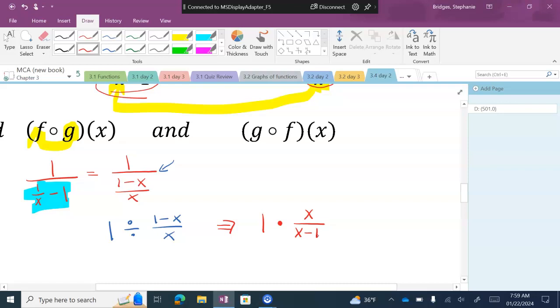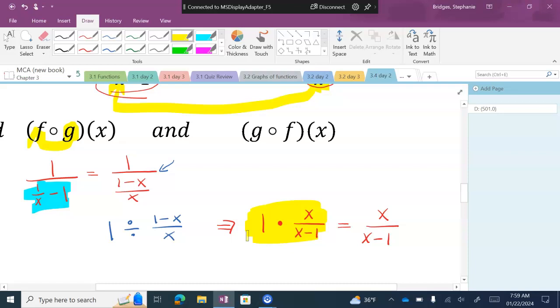And so then if I multiply 1 times x over x minus 1, what does it just give me? x over x minus 1, right? If I multiply 1 times that fraction, 1 times anything remains the same, right?